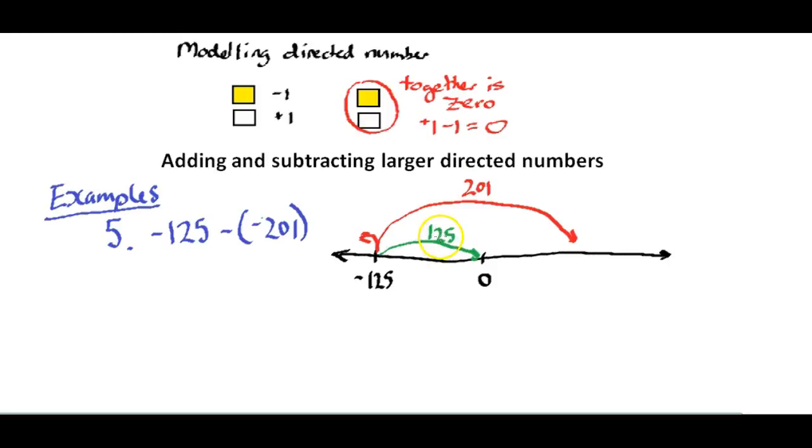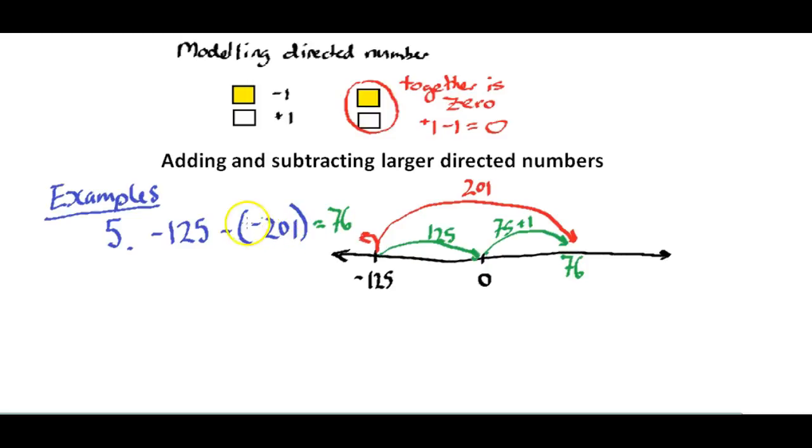Well, 25 plus 75 will get me 100. So 125 plus 75 will get me to 200, but I need one more. So I can jump 75 plus 1, and 75 plus 1 is 76. And so the answer to this problem is 76.